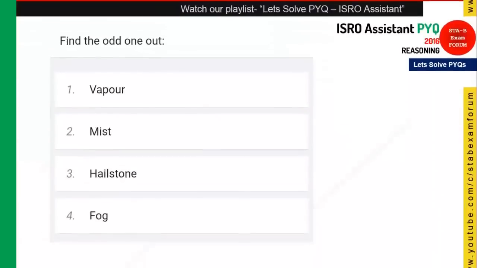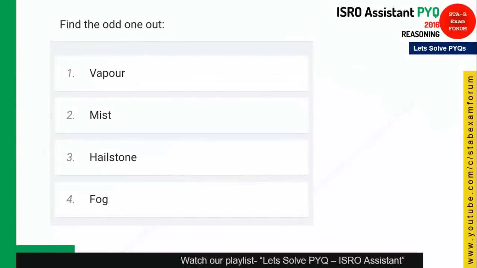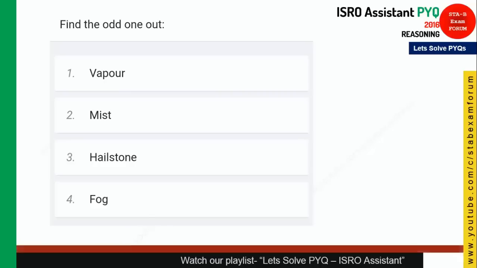Let's see the next question. It is odd one out, very simple, but you should know the meaning of the words given in the options. Odd one out means the one which does not fall in the same category, and you need to eliminate that option.